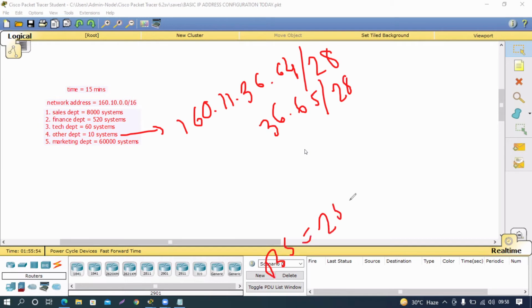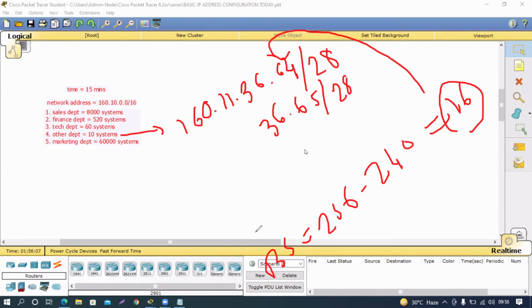So 256 minus 240 is equal to 16, and 16 we add to 64. It becomes 80, right? Yes, sir. So the next network is 36.80/28.